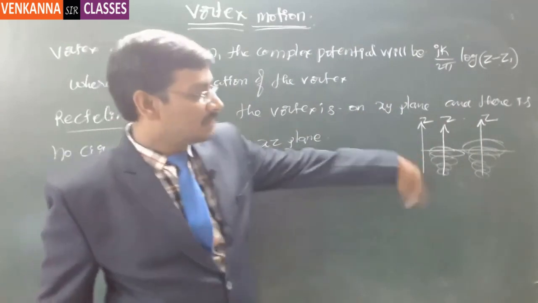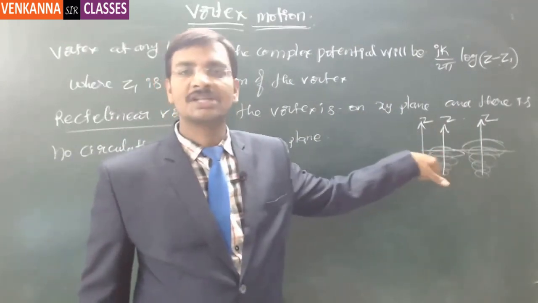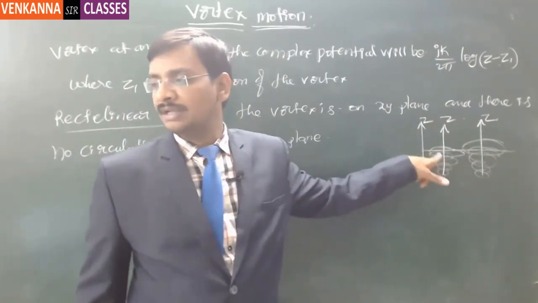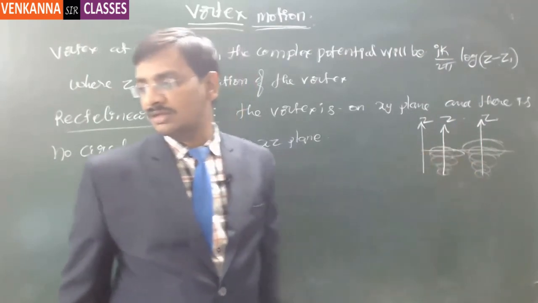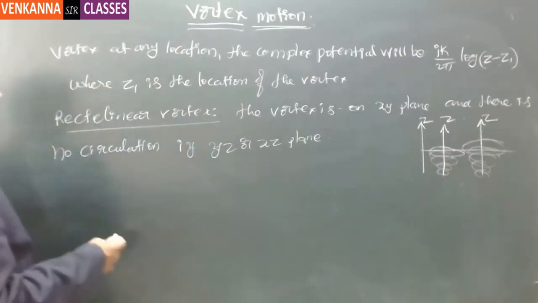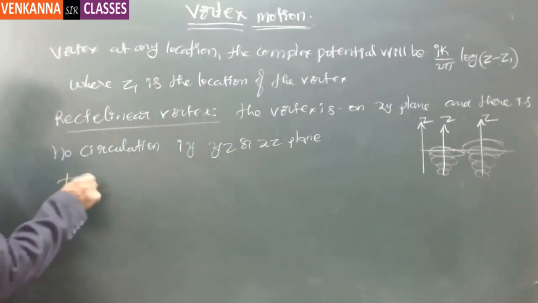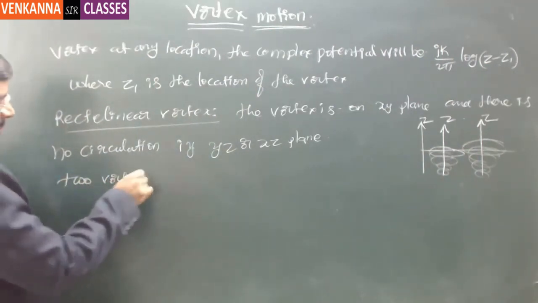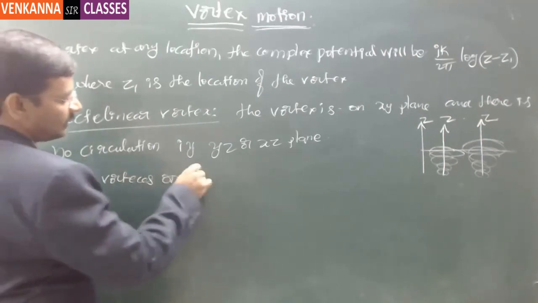That means the vortex circulation will be only on the xy plane, and these two are nothing but rectilinear vortices. So rectilinear vortices are two vortices on the same plane, having the same vortex axis.